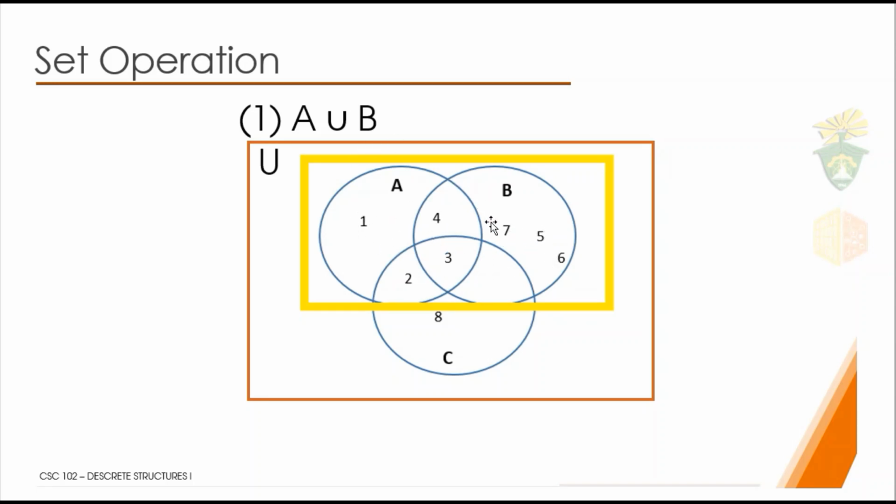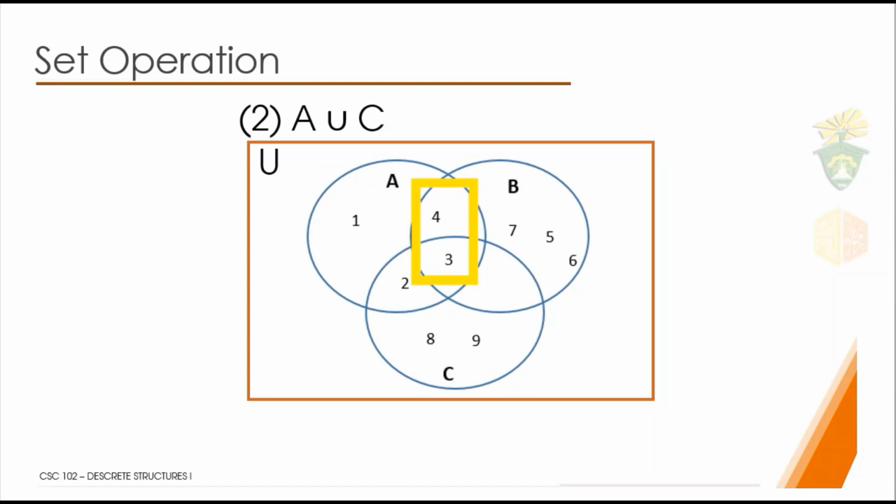These are all the elements that A union B should contain, since these elements are present in A or B. Next question is A intersection B.